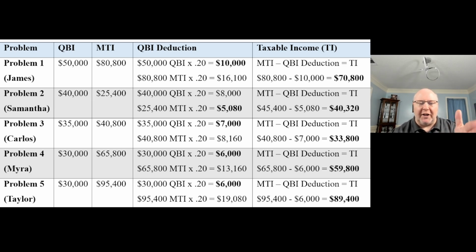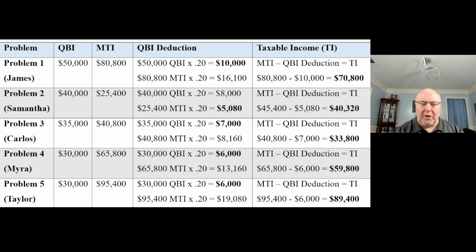So obviously on each of these questions, our modified taxable income is well below the threshold. Right now we're just dealing with questions below the threshold. Because we're below the threshold, it doesn't matter if we have an SSTB or not. We're treating them the same way regardless of whether they're an SSTB. That won't happen if we're making more than the threshold, but that's where we're at right now.